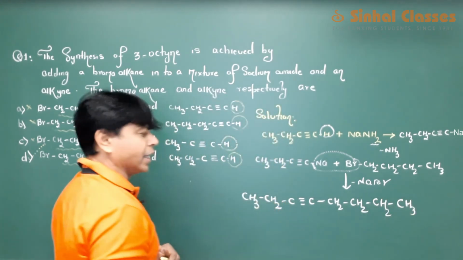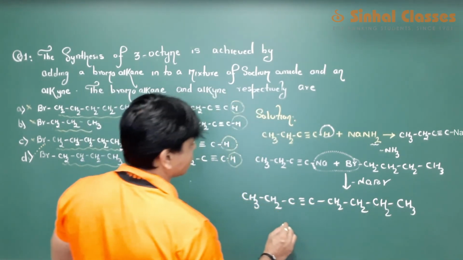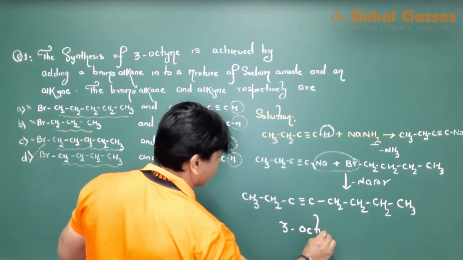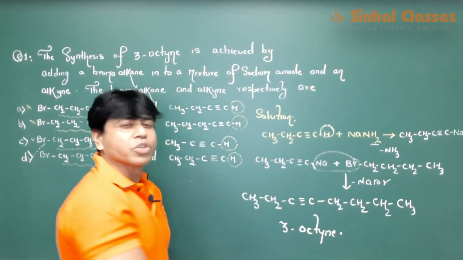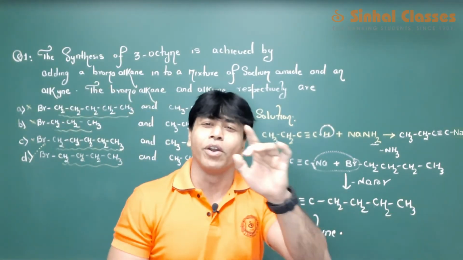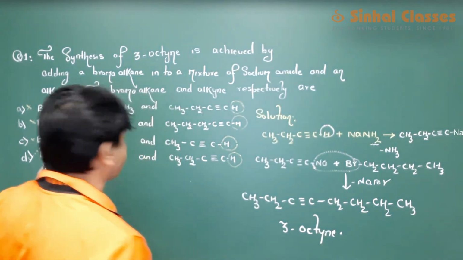Now just have a look at it. This is 1, 2, 3, 4, 5, 6, 7, 8. So this is 3-octyne, which you want. So this is how we can either write the equation and get the answer, or think logically and get the answer. Your option D is the correct one.